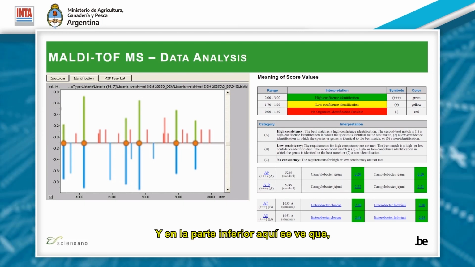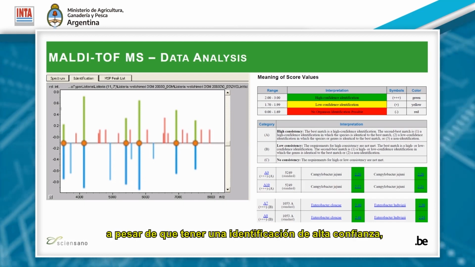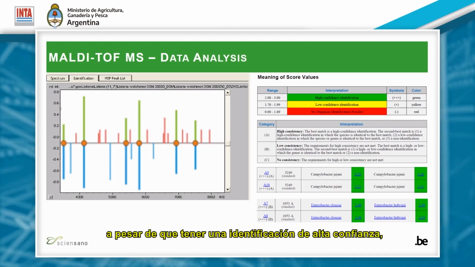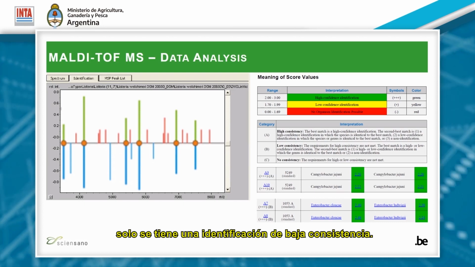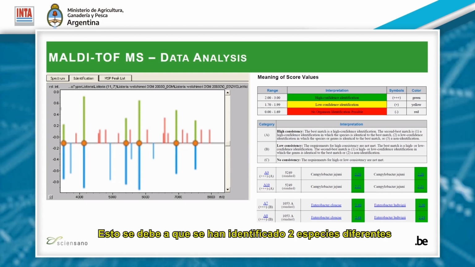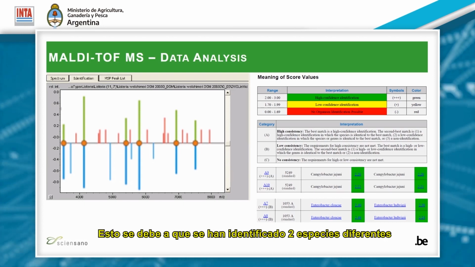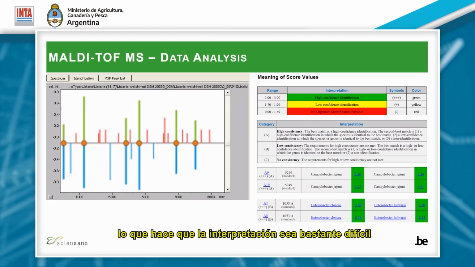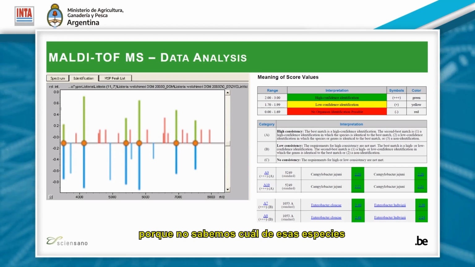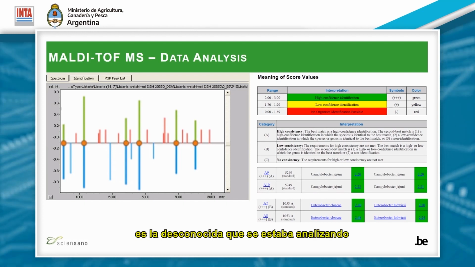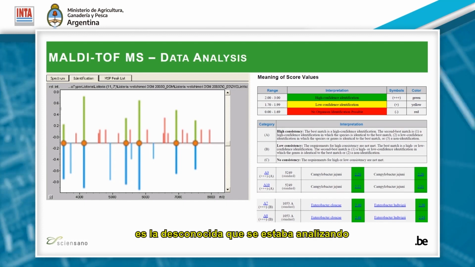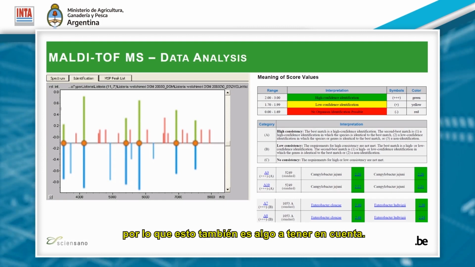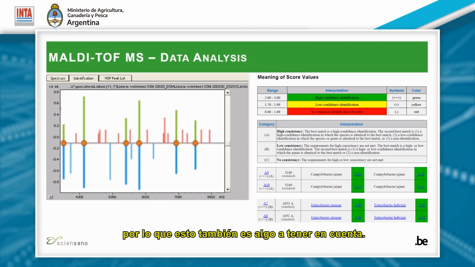On the bottom here, despite the fact that you have a high confidence identification, you have only a low consistency identification. This is because you have two different species that have been identified, but it makes the interpretation rather difficult because which of those species is the actual unknown that was being analyzed? So this is also something to take into account.